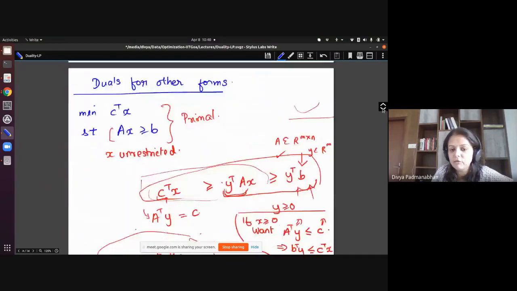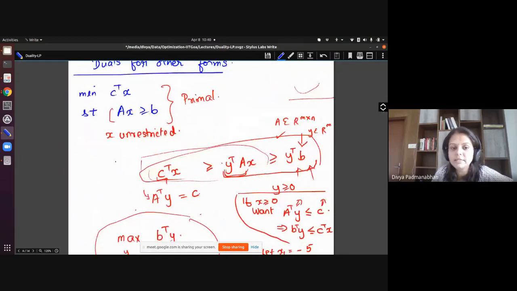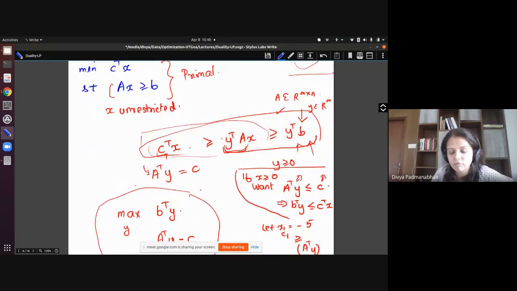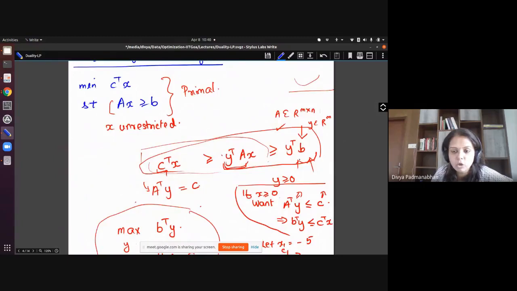Similarly, for other forms, we saw that if X was not restricted to take values greater than 0, there'll be some modifications to the dual. In particular, you want the set of inequalities to be maintained. For this part, you want Y to be greater than 0, but here, since X is given as unrestricted, you cannot guarantee this.